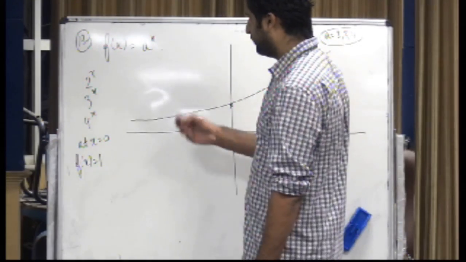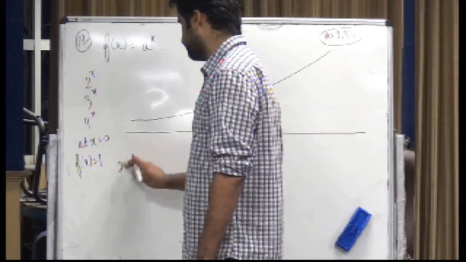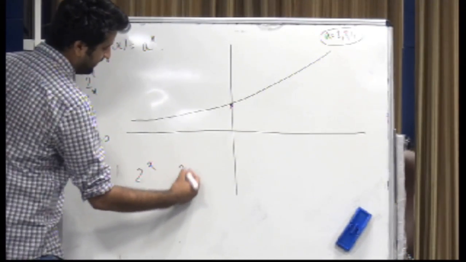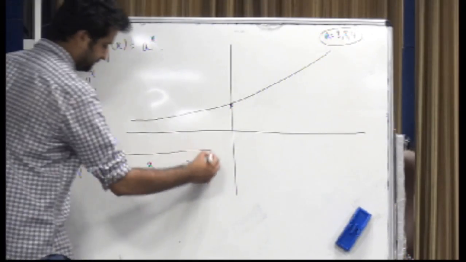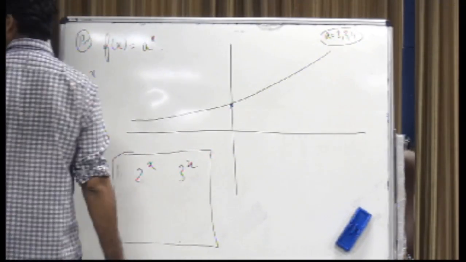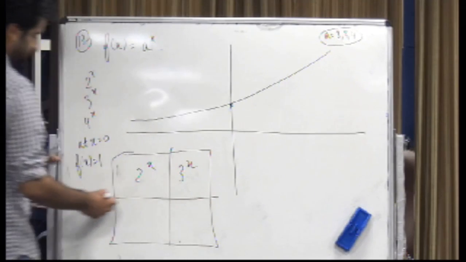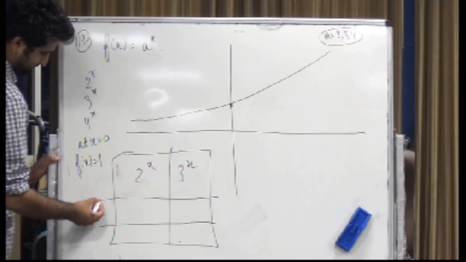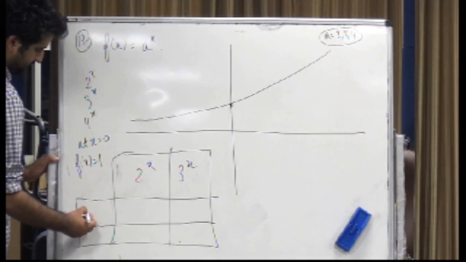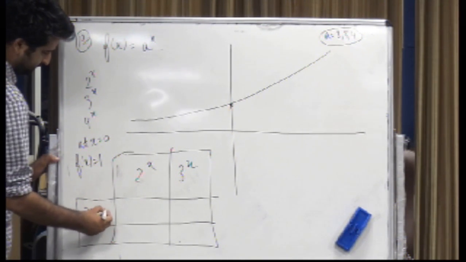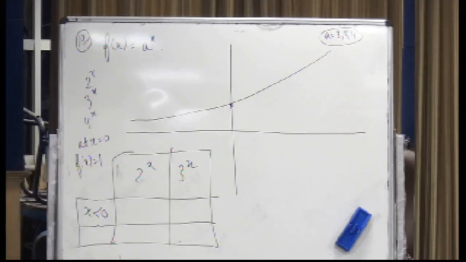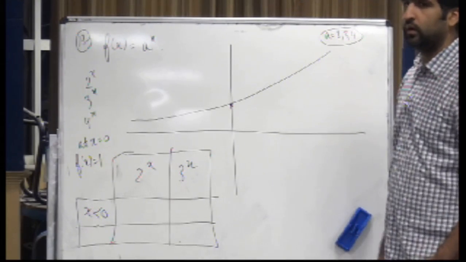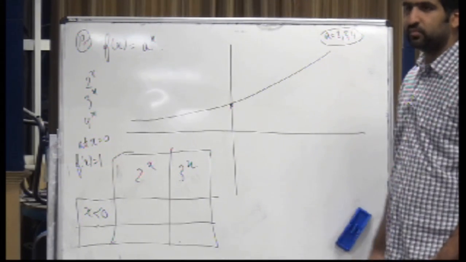Now for 3 to the power x, what is the difference between 2 to the power x and 3 to the power x? Now see, for the values which are less than 0, which one is smaller? 3 to the power x is smaller.